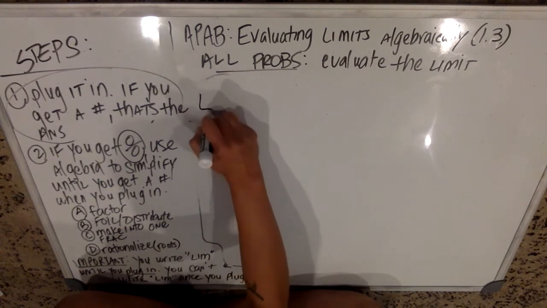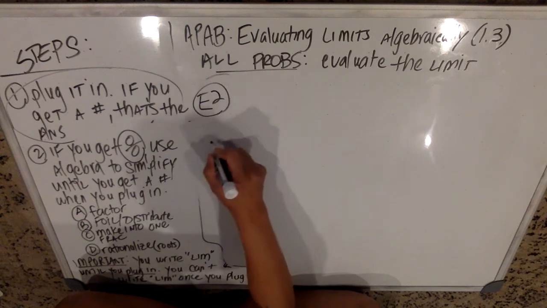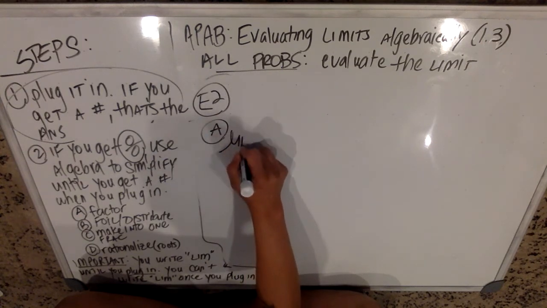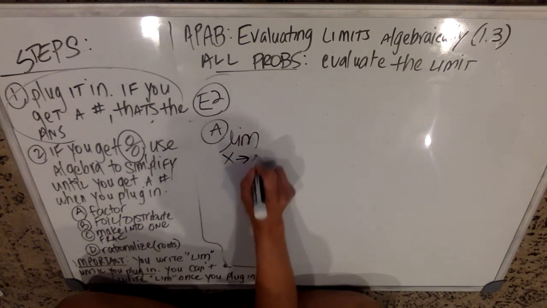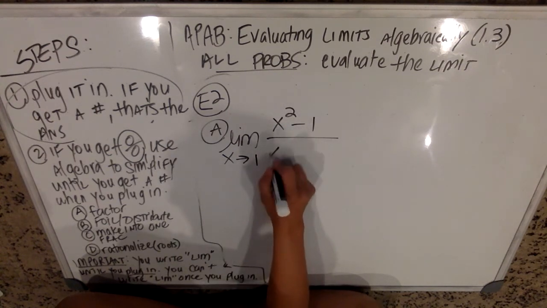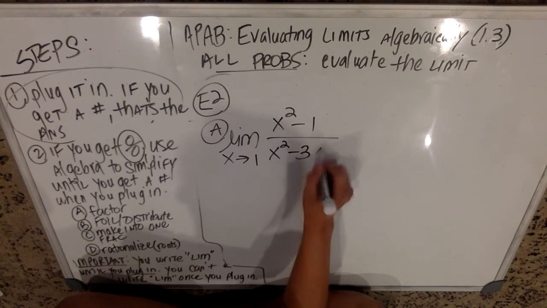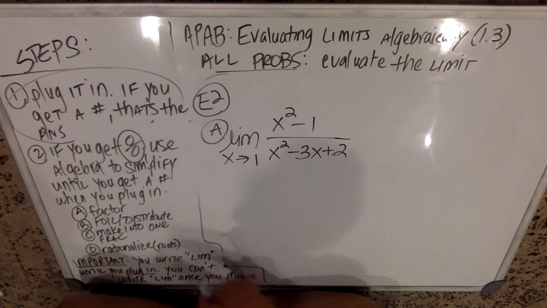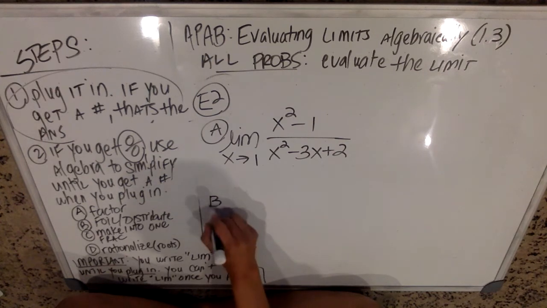So let's do example 2. We're going to do the limit as x approaches 1 of x squared minus 1 over x squared minus 3x plus 2. And we're going to do a second one.